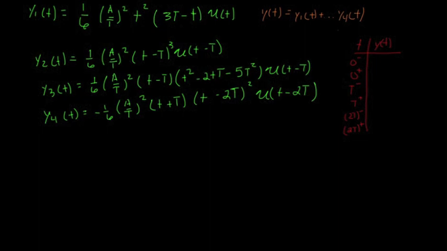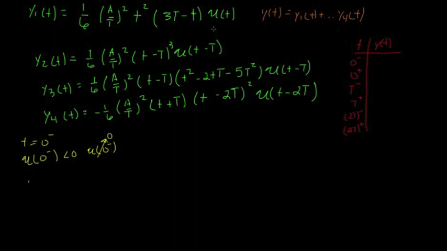I'm going to use a different color, yellow. So at t equal to 0 minus, we will have u of 0 minus, and we could say it's negative, less than 0, so u of 0 minus goes to 0.